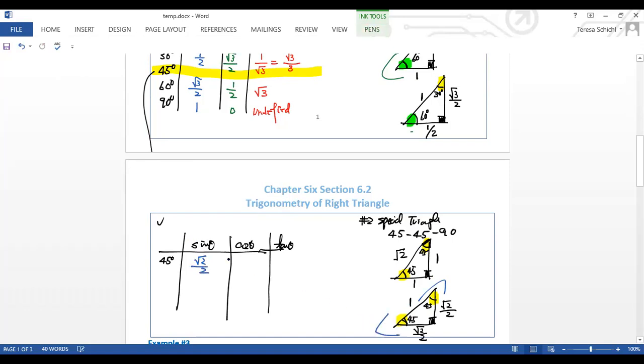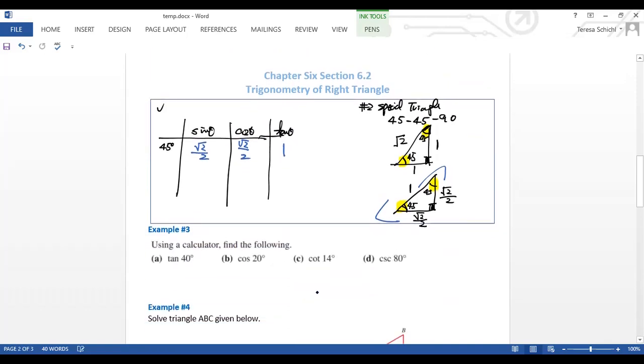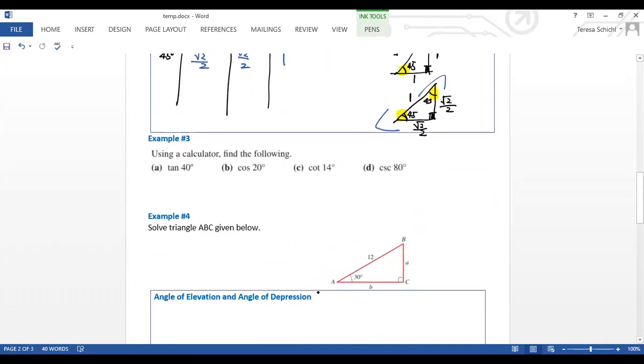The same way, cosine is the square root of 2 over 2. Then the tangent is sine theta over cosine theta, so it's 1. This is very important. You can always derive it, but if you remember those special triangles, you will be able to get the answer a lot faster. Now the next thing: let's do example number 4 first. I want to solve the triangles here.